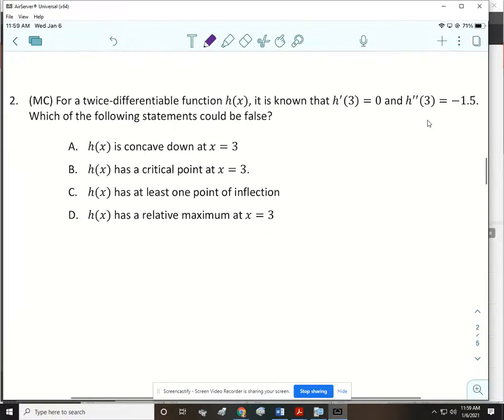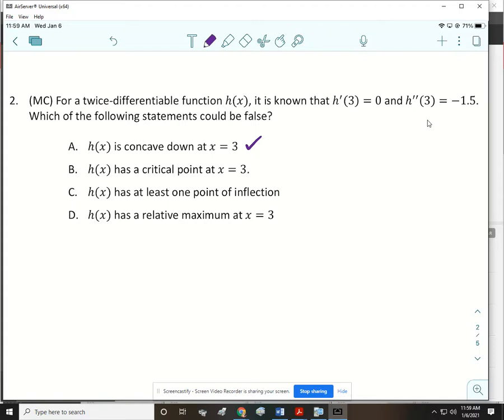And then for 2, for a twice differentiable function h of x, it is known that h prime of 3 is 0, so critical number. H double prime of 3 is negative 1.5. A second derivative that's negative means the function is concave down there, so that's true.